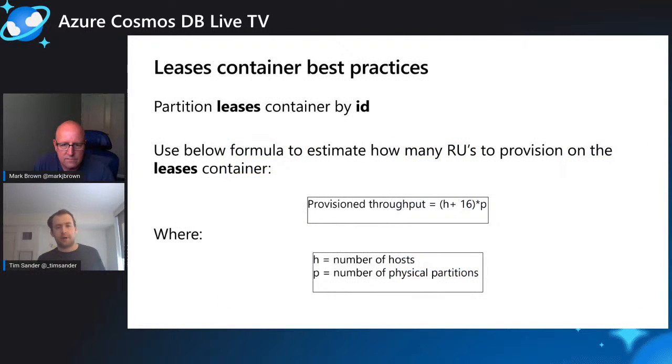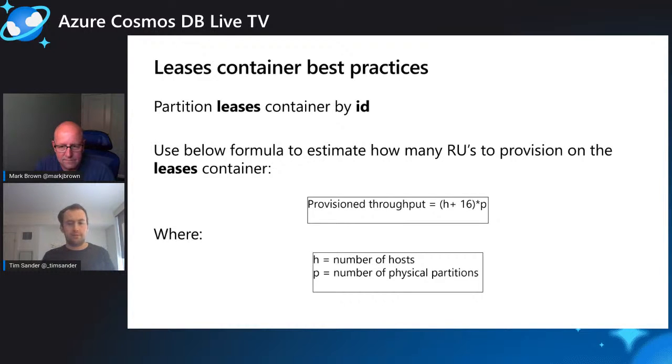Now, lease container best practices, super simple. This is a formula that we use for computing how many RUs you probably would need in your lease collection. I'll save you some time. In most cases, if you fill in numbers here, the answer is going to be 400 RUs. Number of hosts, it's probably not going to be a high number if it's a small scale, probably like 1 or 2.